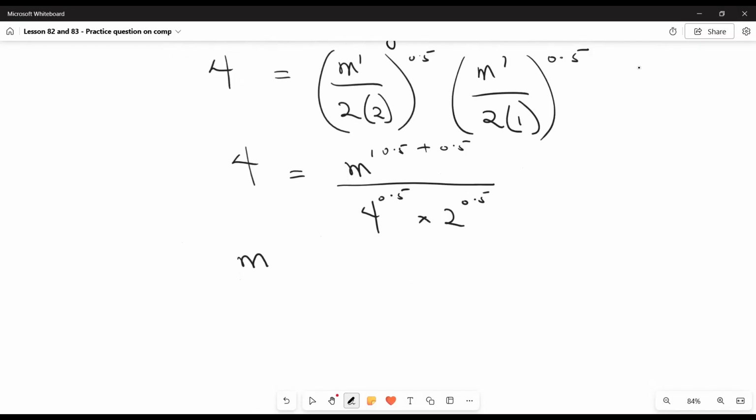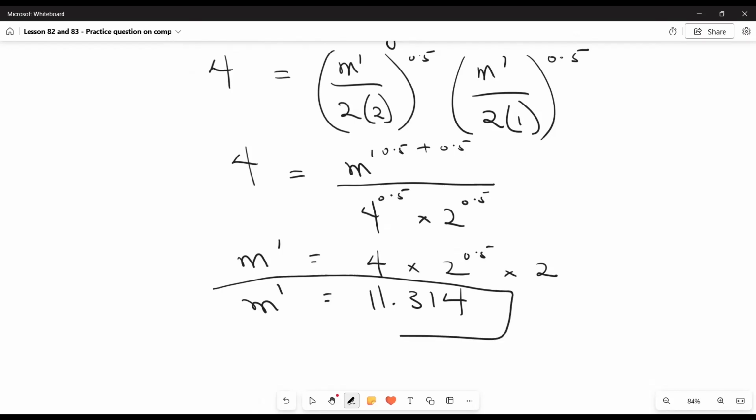This further reduces to m prime being equal to 4 times 2 raised to the power 0.5 times 2. So m prime now is 11.314. At the new price of good x being equal to 2, Peter will need an income level of 11.314 to attain the original level of utility equal to 4.